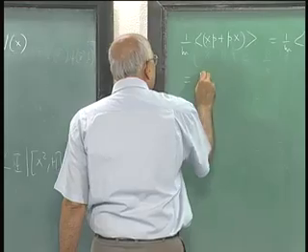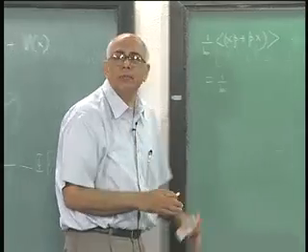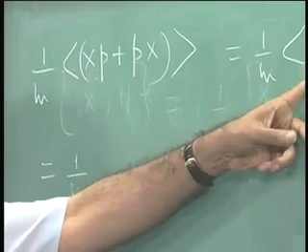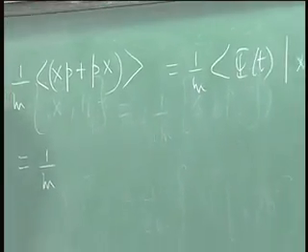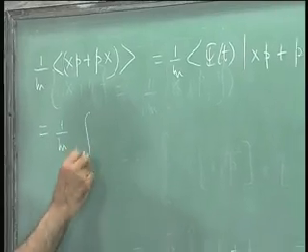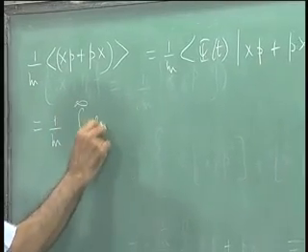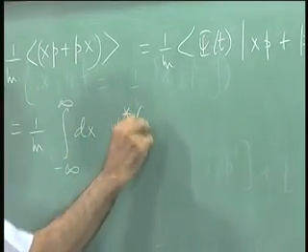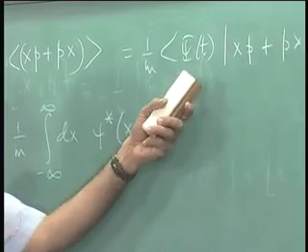But you could also write this in the position basis. I will write everything in terms of the wave function psi of x comma t, and then this becomes the integral from minus infinity to infinity dx psi star of x comma t. That is what this stands for.